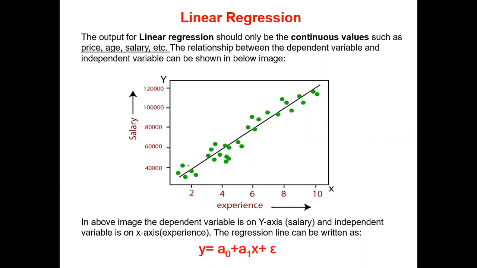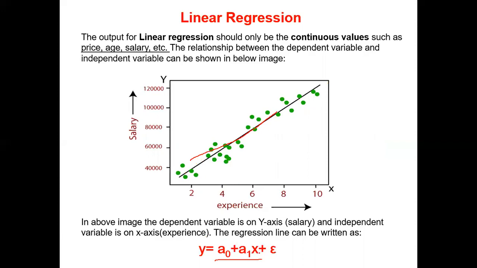All the data points, shown in green, lie close to this line. So this is the best line used to build this regression model. My objective in linear regression is to identify this best line where my error will be minimum.